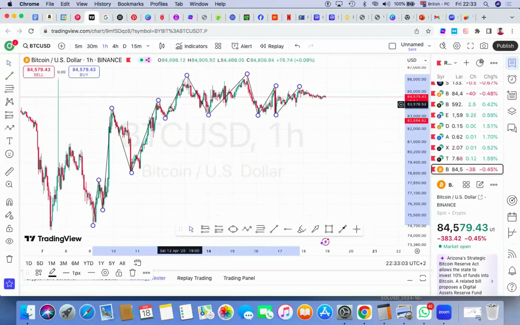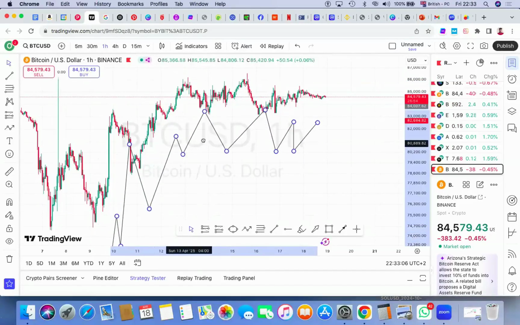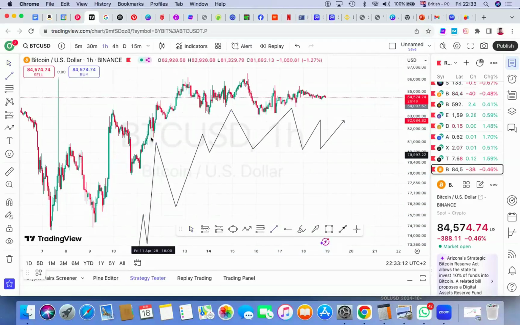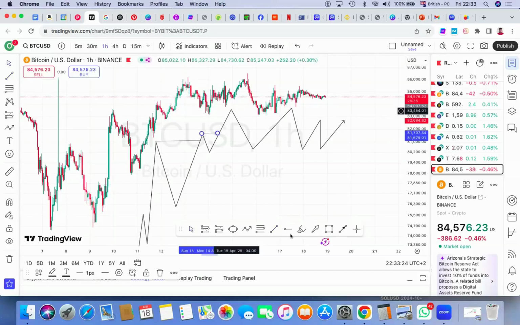Now, if I was to move this, even though it's not as straight, you can see it's similar to the example we gave earlier. It's not as straight, but you have to train your eyes to identify this move.